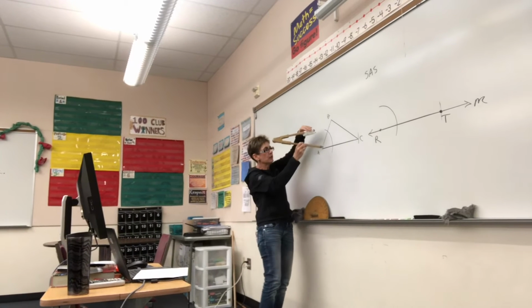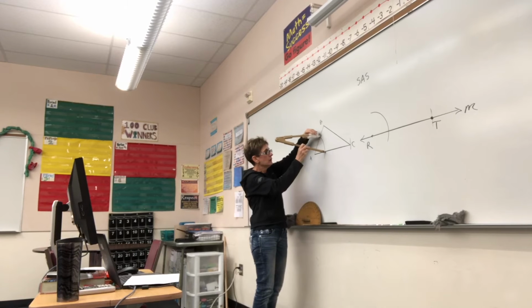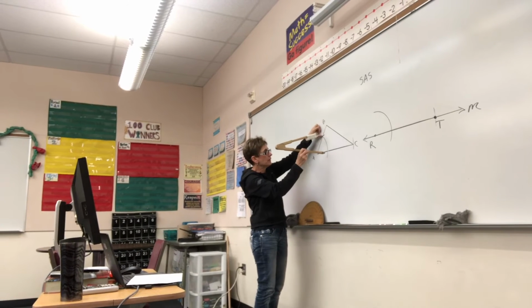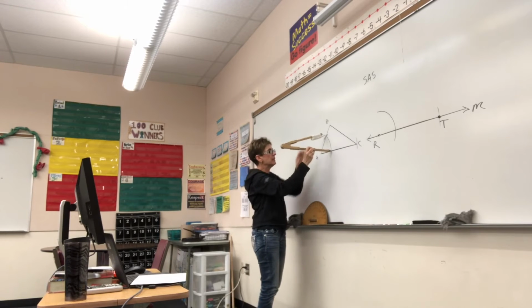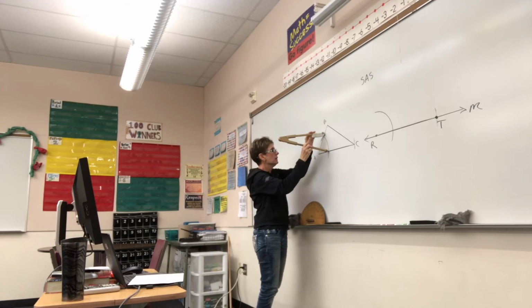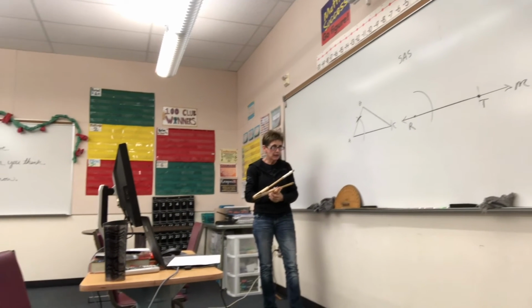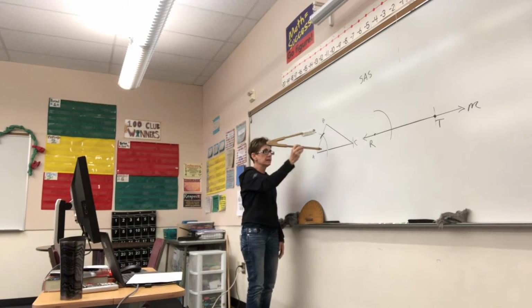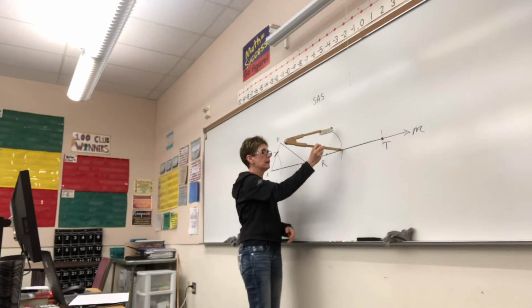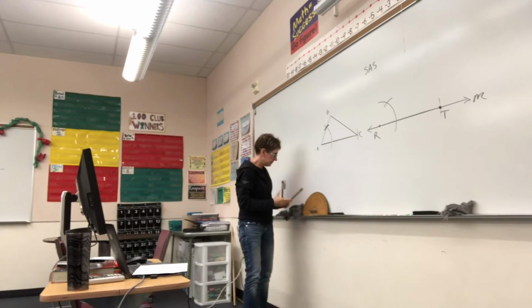We need to measure the height of this angle here on our initial triangle and put an arc there to show that we've done that. So I have put my tip on the triangle and I'm drawing an arc that's showing how tall that angle is. I'm keeping my compass tight and I'm coming over here and I'm putting the same mark there.